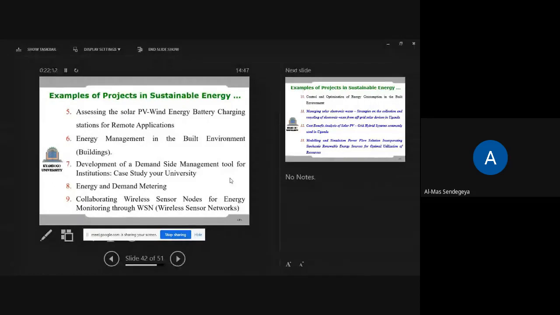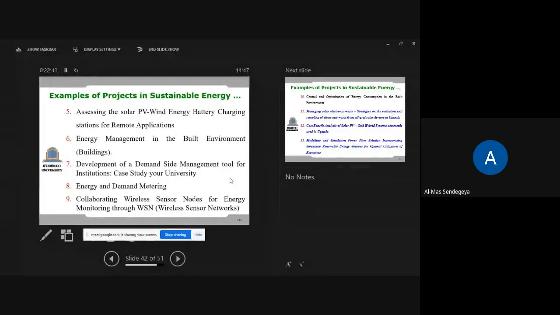Energy management when it comes to efficiency in the built environment. This kind of research is cross-cutting, whereby a student doing it here in electrical engineering can do it with a student from the civil engineering and architecture departments. We are looking at energy use in buildings and the development of energy demand side management tools. We need it seriously in Africa, especially when it comes to institutions.